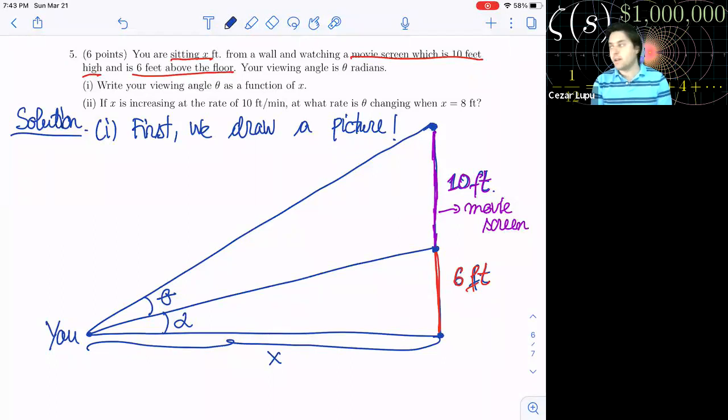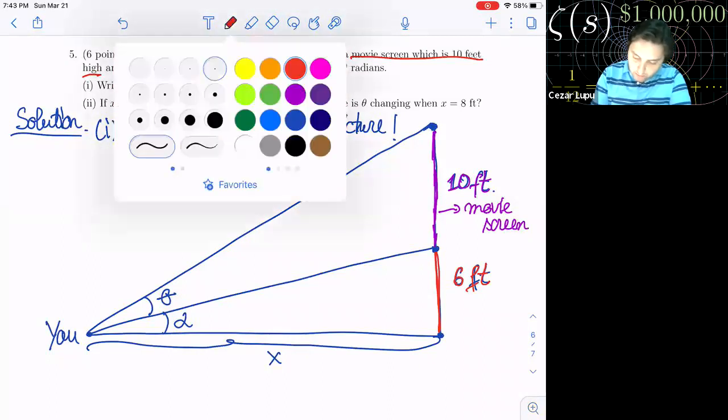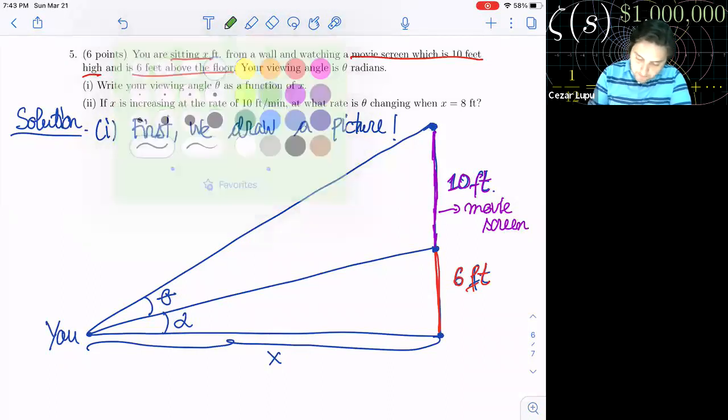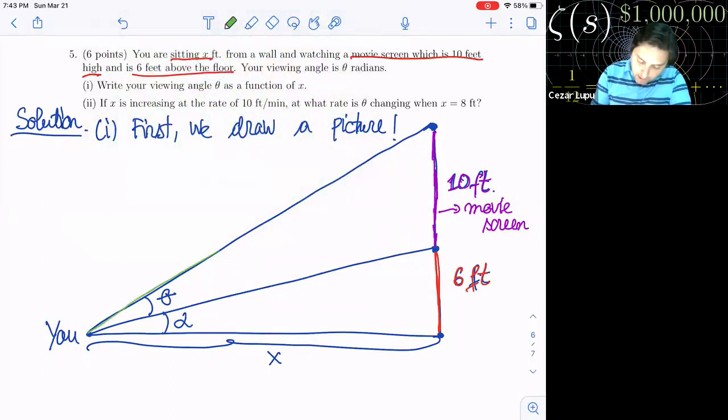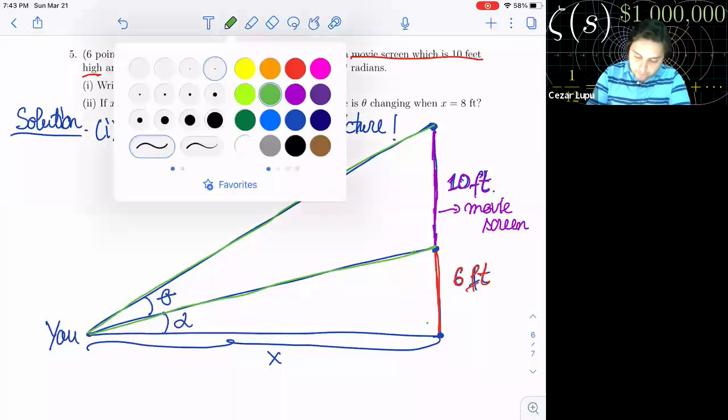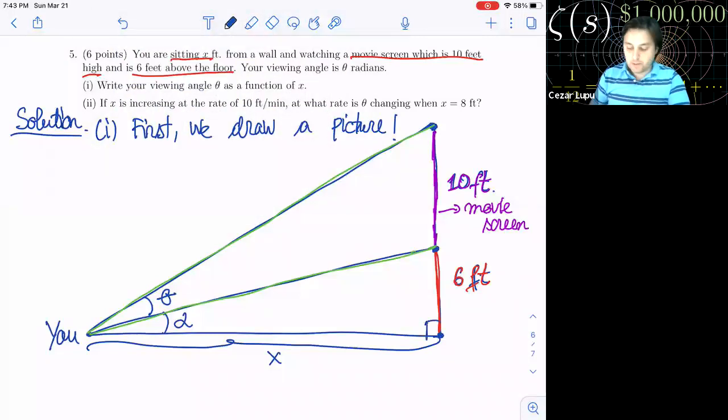Now let's write theta in terms of x. So let me identify the triangle here, with another color so that you can see it. First of all, this is a right triangle. It's 90 degrees, right? So I need to do something here.